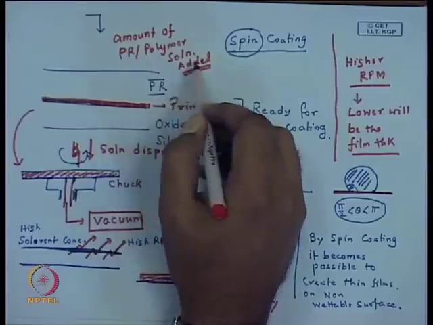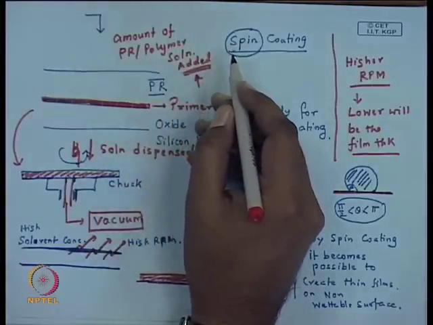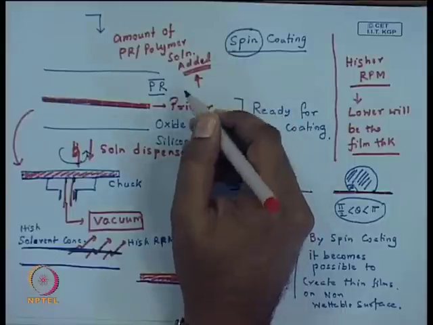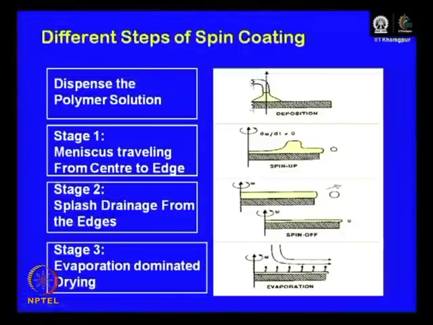Now, through this step you are adding two different species together, one is the polymer or the photoresist and the second thing is the solvent. Two things can happen: either the polymer gets deposited on the surface or part of the polymer is lost due to splashing. The meniscus travels from the center to the edge and there is a splashing of the excess polymer.